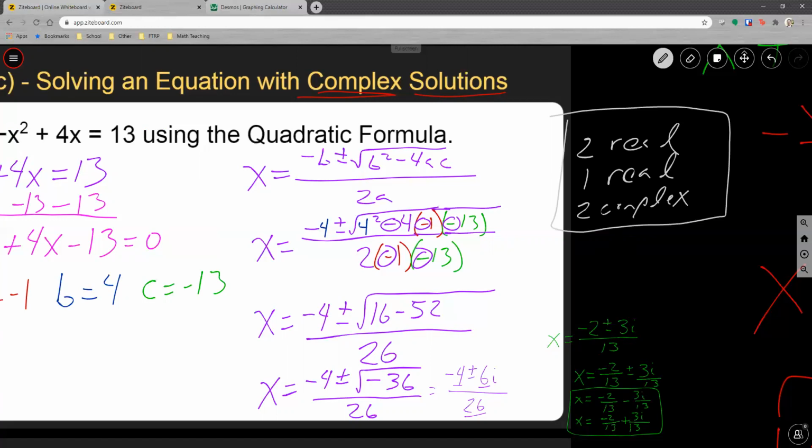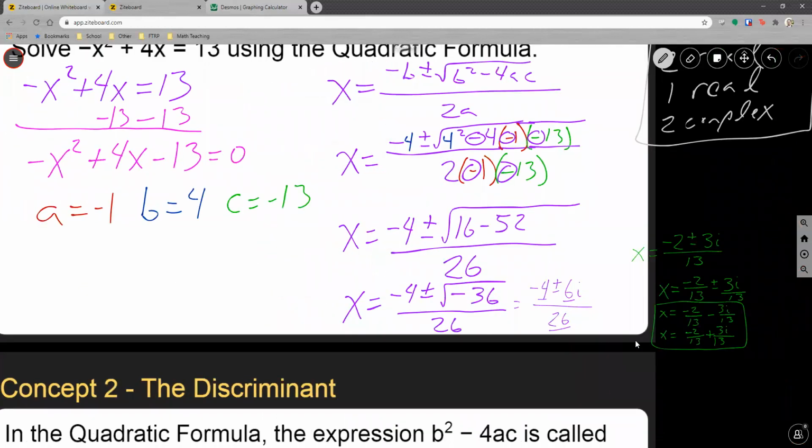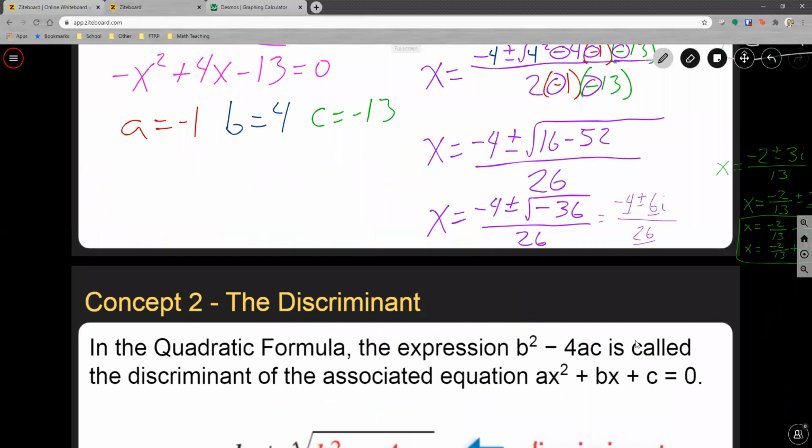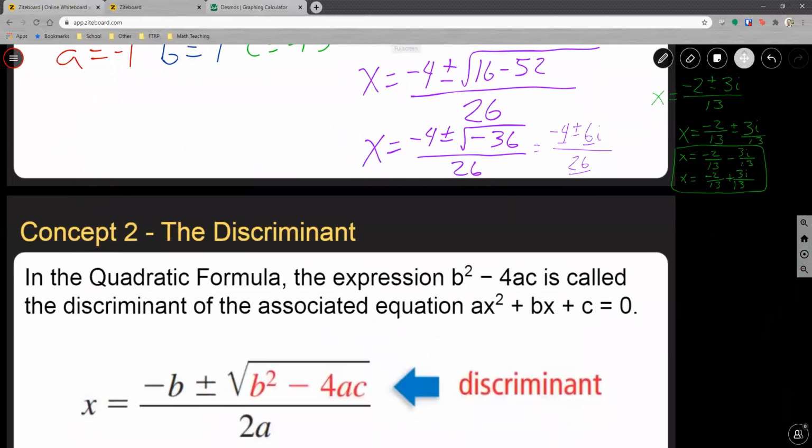These are the only possibilities I can have. 2 real solutions means it has 2 x-intercepts. 1 means it has 1 x-intercept, which is also a vertex. And 2 complex solutions mean it has no x-intercepts. It's got complex roots or complex solutions.